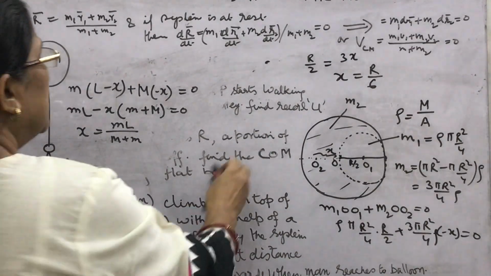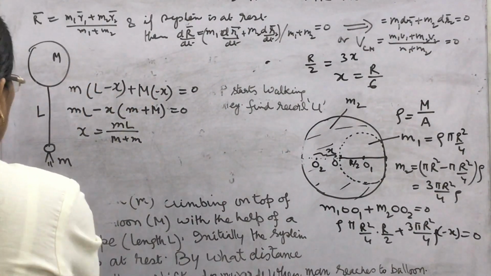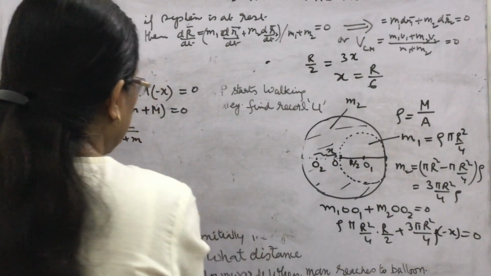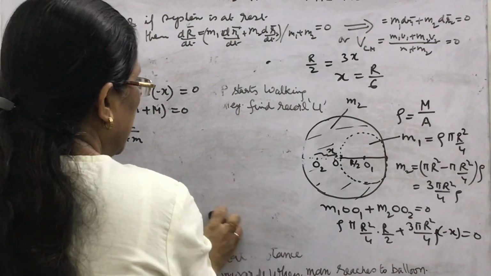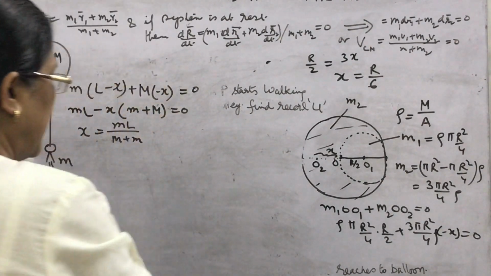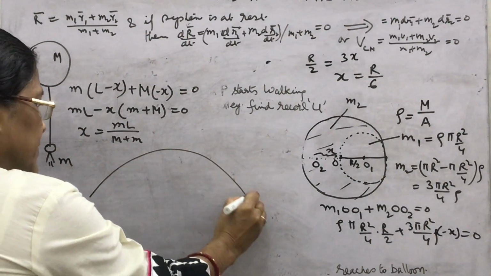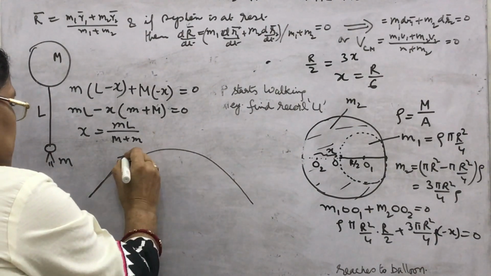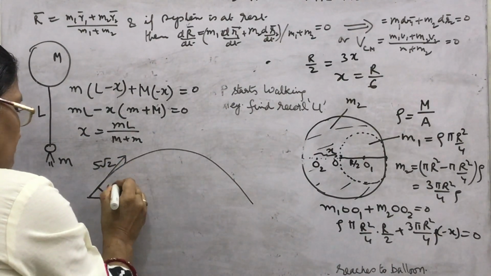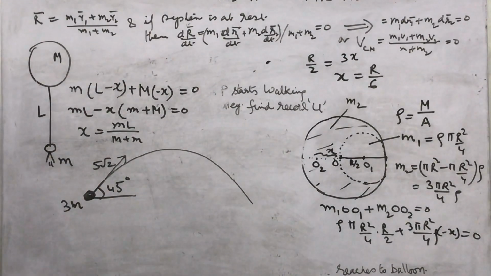What I mean to say is, in any question, if the condition you read says the system is at rest or no external force is acting, then as per the condition you have to apply the relations. Suppose a shell is fired. A very interesting question. A shell is fired with an initial speed of 5√2 meters per second from the ground at a 45-degree angle, and its mass is, suppose, 3m.